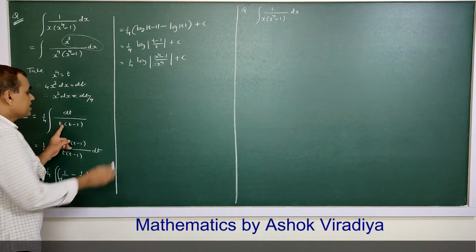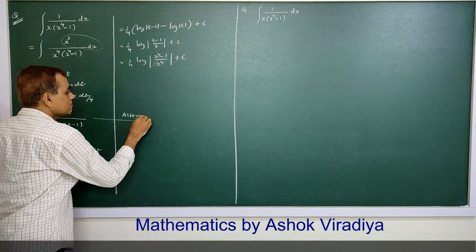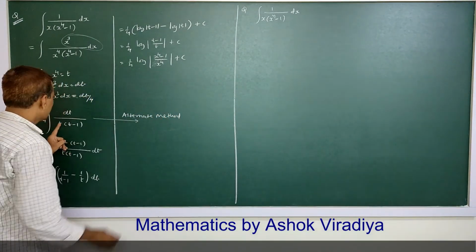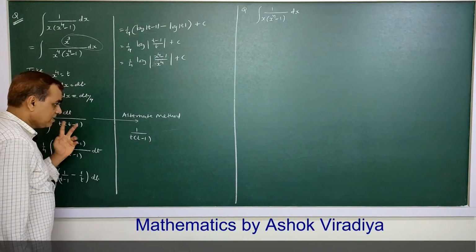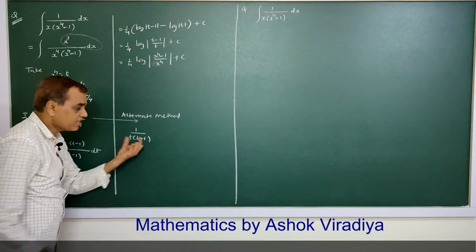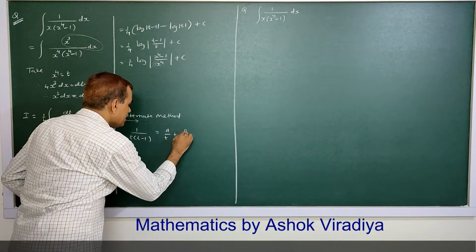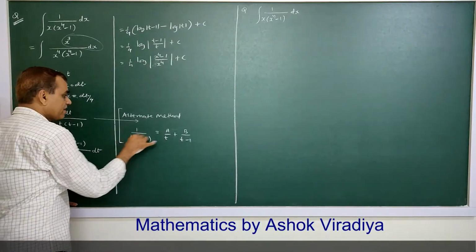And see, after this step, the alternate method: 1 upon t into t minus 1. Because these are linear factors, this can be expressed as a upon t plus b upon t minus 1. This is the alternate method.